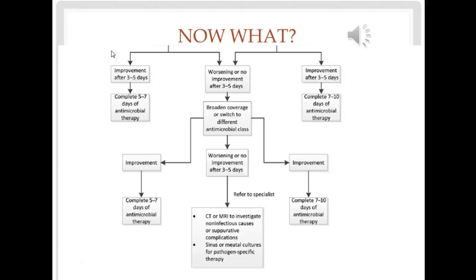And then, of course, we can try to switch to a different antimicrobial class, and that's important. So you don't want to stay in the beta-lactams if they don't improve on the augmented, which is amoxicillin plus clavulanic acid.